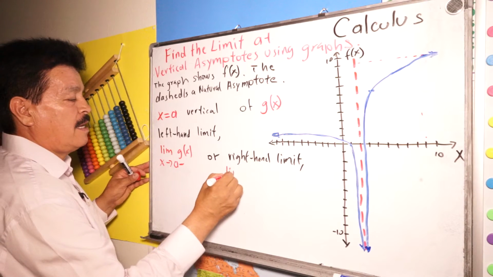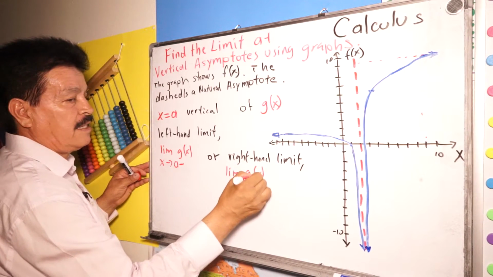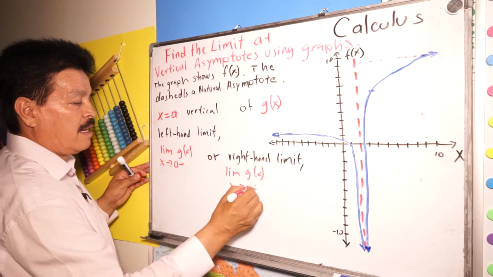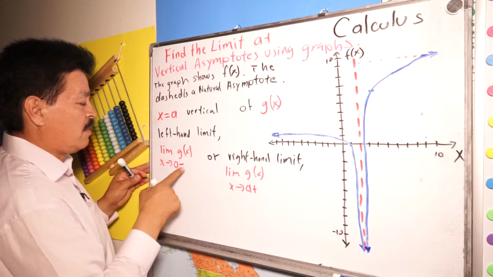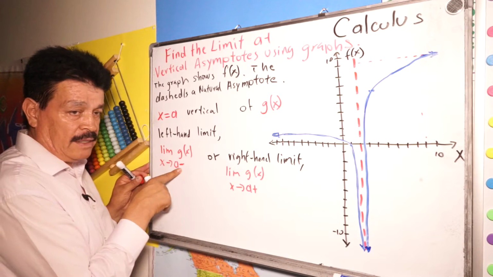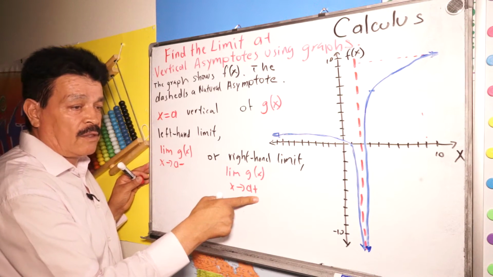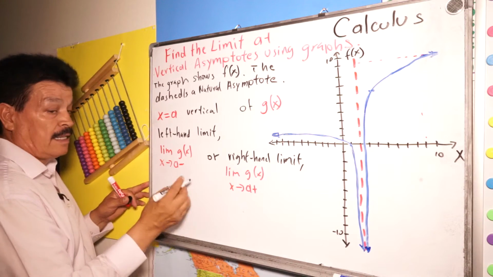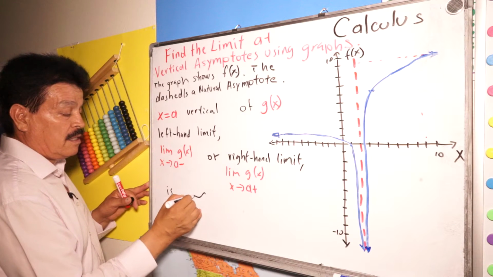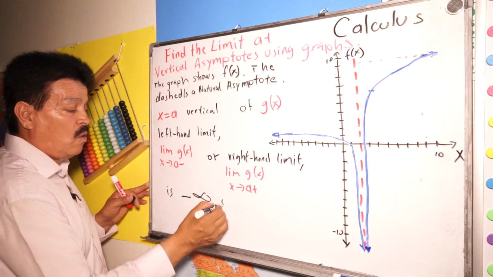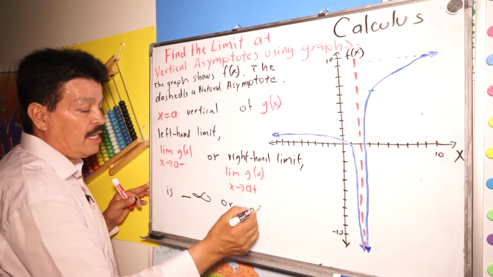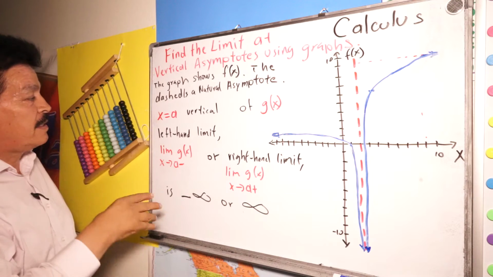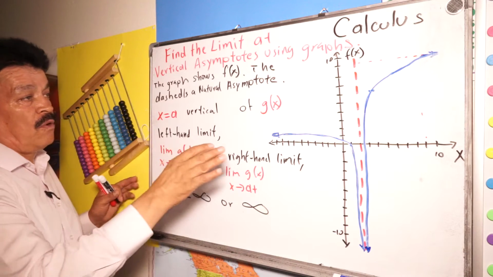Limit of g of x as x approaches a, and in this case it is the right-hand limit. The negative sign means left-hand, and the positive sign means right-hand. In this case the answer is negative infinity or positive infinity. This is some important data before we take a look.